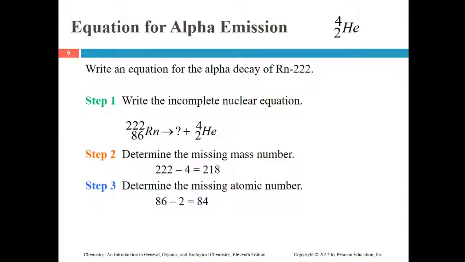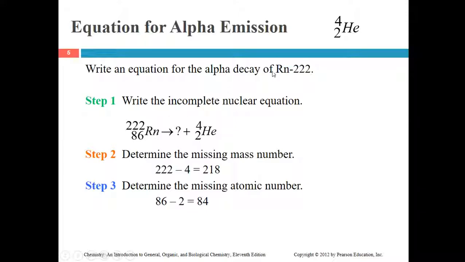So, equation for alpha emission. Write an equation for the alpha decay of radon-222. All right, we look at the periodic table and find out how many protons are in radon. Oh, it's 86 protons. So we're going to write the number 86 here.